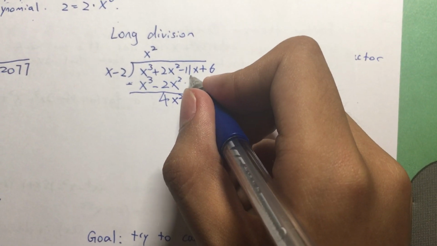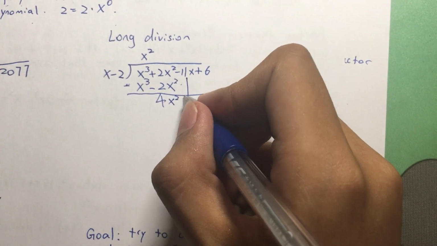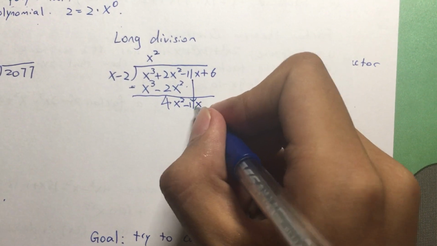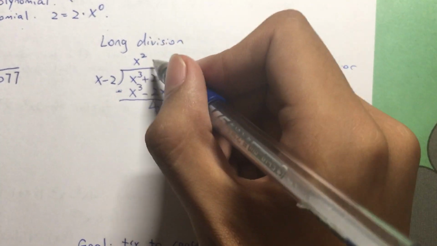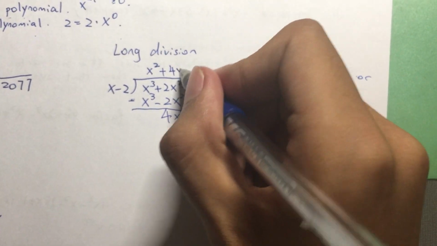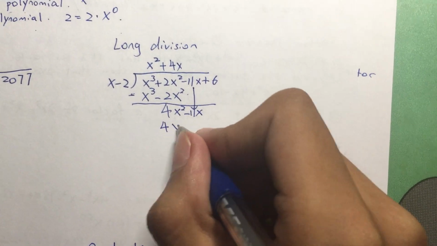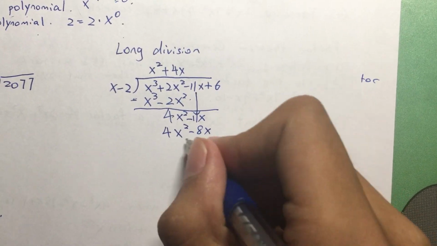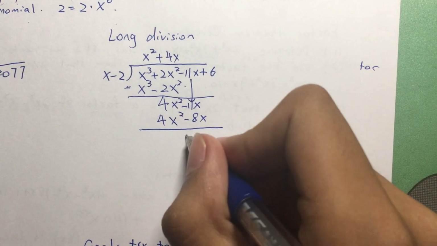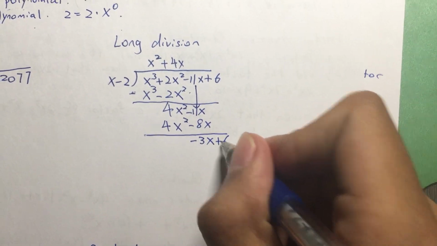And now the negative 11x comes down to here. And we do the same thing again, which is plus 4x. And 4x squared minus 8x, which will become minus 3x plus 6.